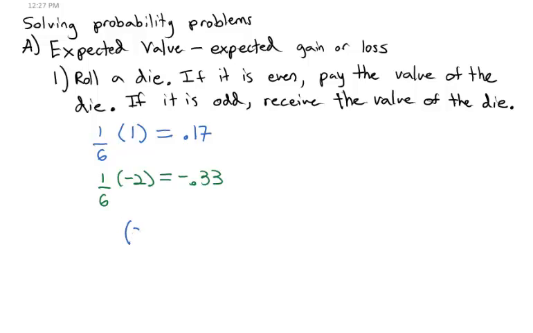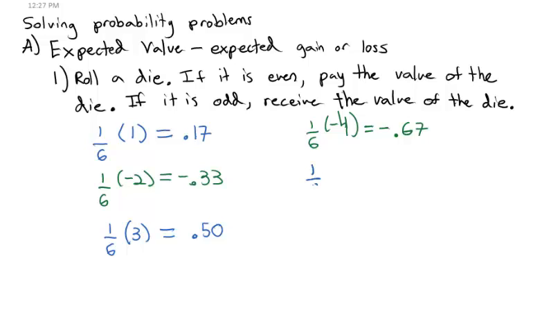But when you roll a 3, you win 3, and that happens 1/6 of the time. So on average, you're winning 1/6 times 3, 50 cents. But that's going to be offset because 1/6 of the time you're going to roll a 4 and you're going to lose 4. Again, we show that loss with a negative. 1/6 times -4 is -0.67 when we round to the nearest penny on all of these.